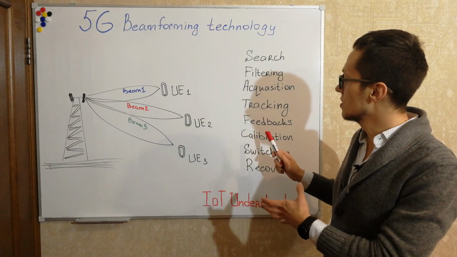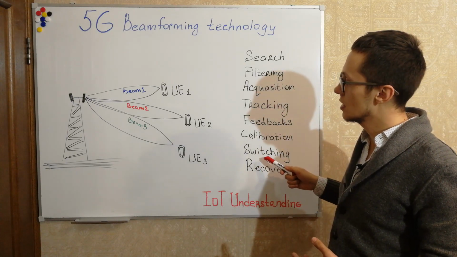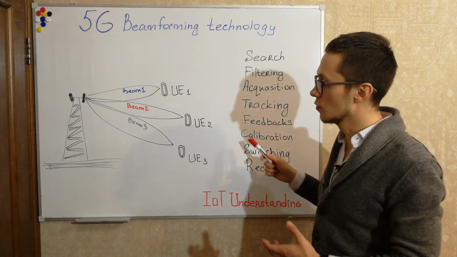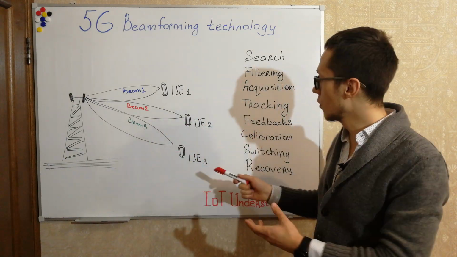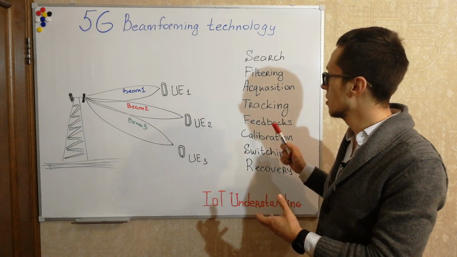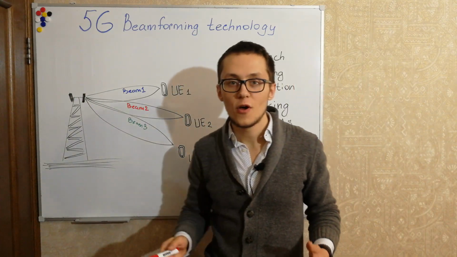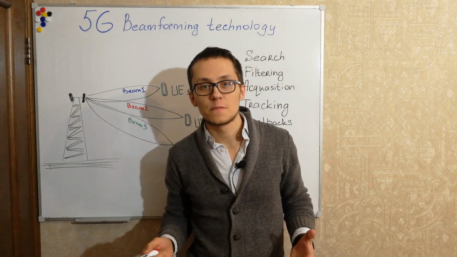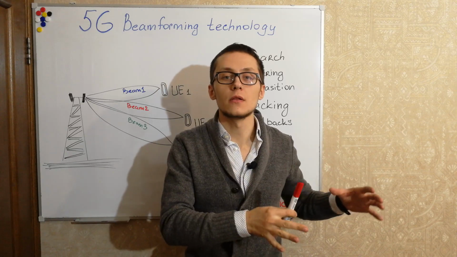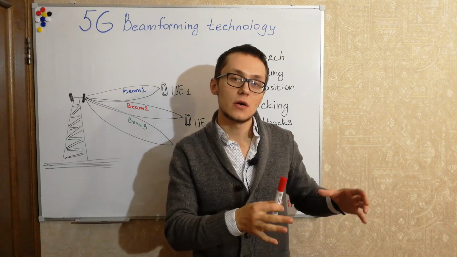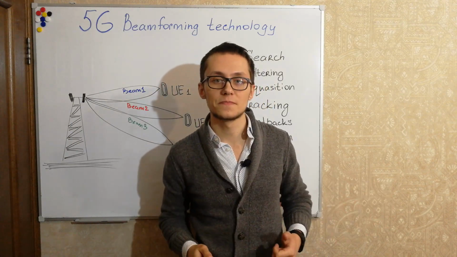So as you can see, there are lots of different procedures for initial access, for beam management, and of course such transmission, I suppose, has lots of overhead. But let's look at how it works on the physical layer during initial access, for example.